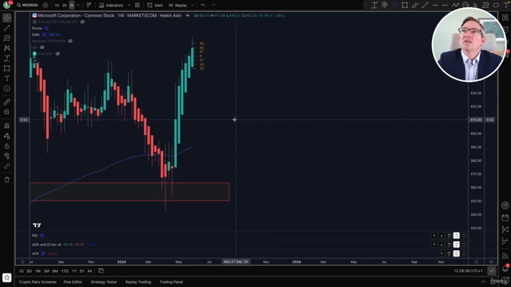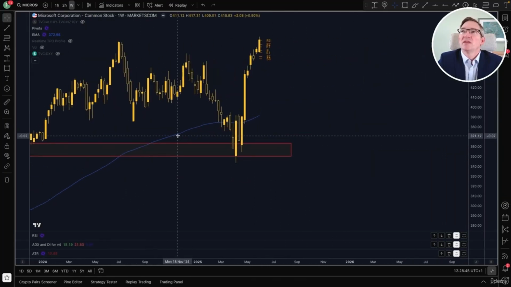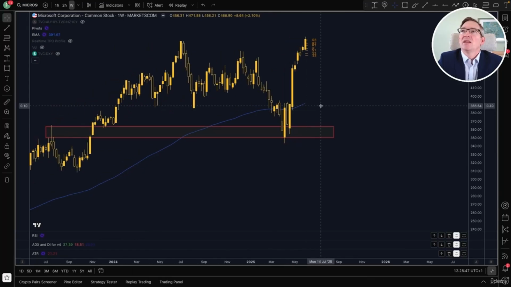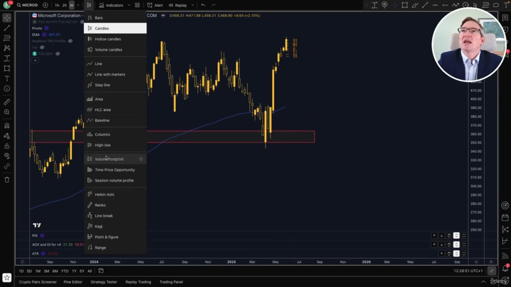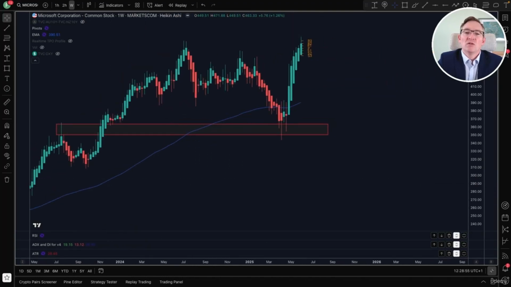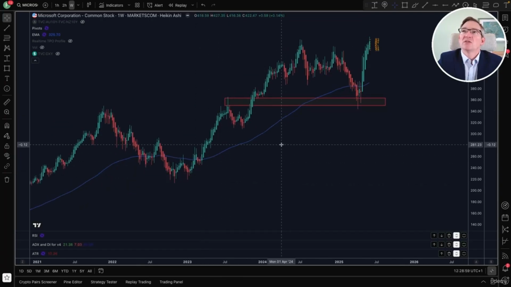So if you look at this compared to, say, a candlestick chart like this, it's very similar here, but what the Heikin Ashi chart is very good for is visualizing when a trend is in place.